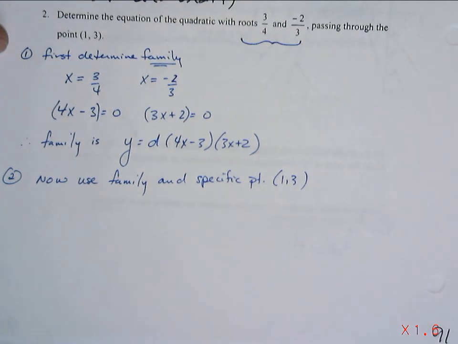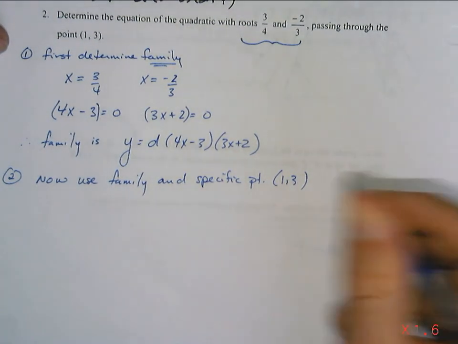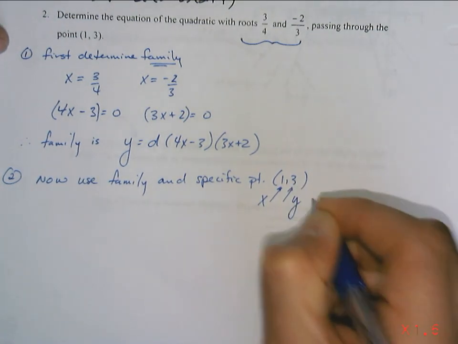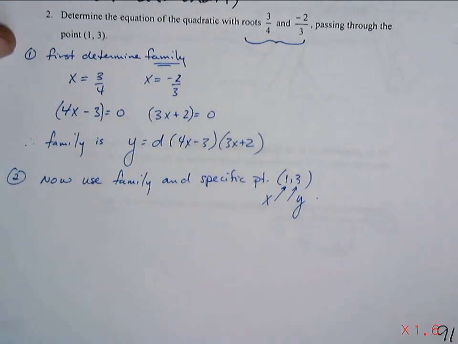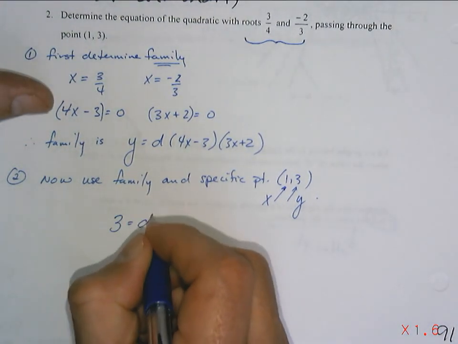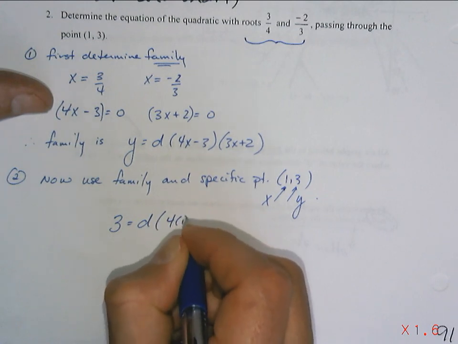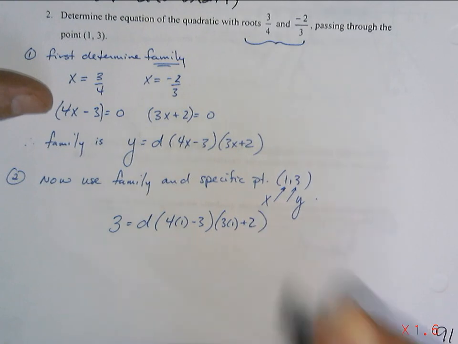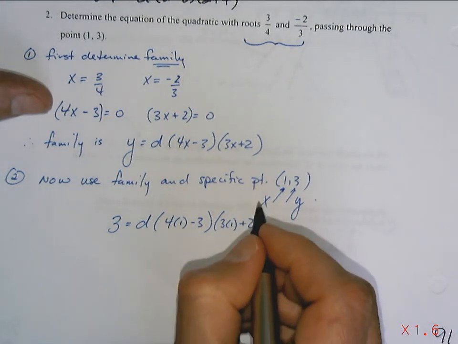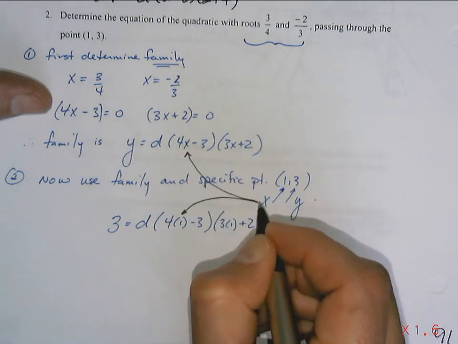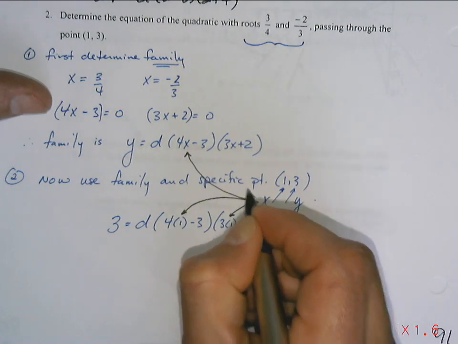and the specific point (1, 3). And I'm going to remember that this is y. No, that was a lie. That's x. And that is y. So when I plug them in, I'm going to get 3 equals d(4 times 1 minus 3)(3 times 1 plus 2). And what I did was I put this x in there, in there, in there, in there.